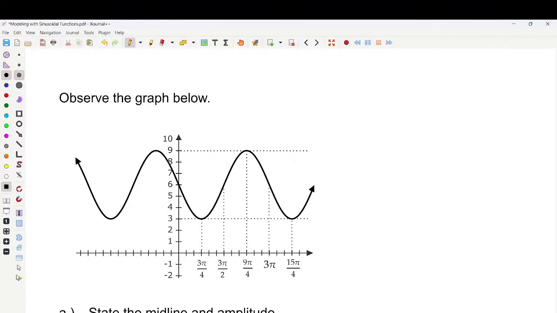So basically, if we can find the amplitude, midline and the B value, we have most of what we need. So see if you can do that right now based on what you're looking at. What's the midline? What's the amplitude? And what's the period?